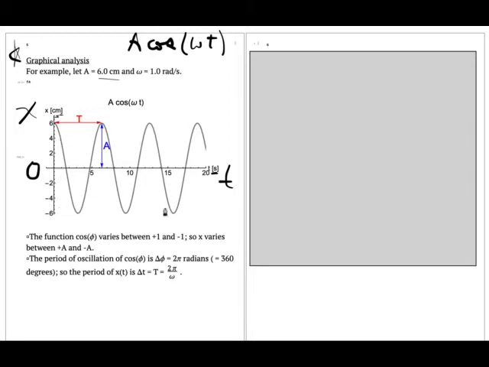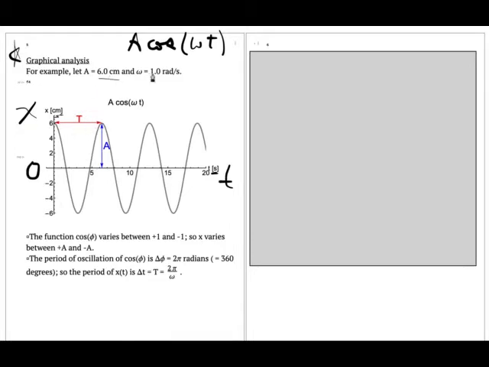In this graphical analysis, this distance on the graph is A. It's the height of the maximum displacement, or the depth of the maximum negative displacement. We plotted it for 6 centimeters, so A is 6.